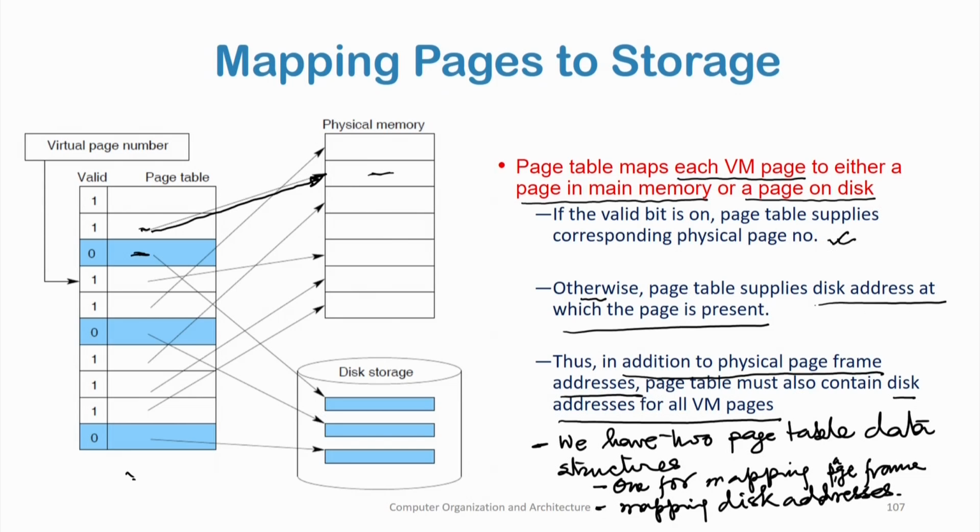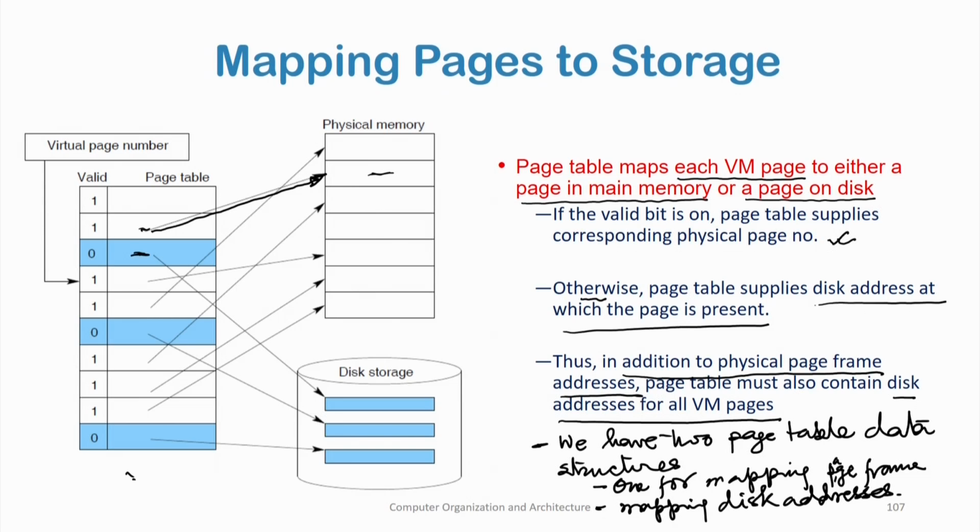One page table will tell me where in the physical memory this particular virtual page is residing. It may be that this page is not there in physical memory, in which case it must be there in the secondary storage.